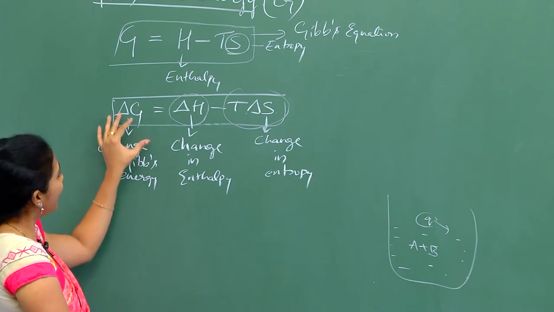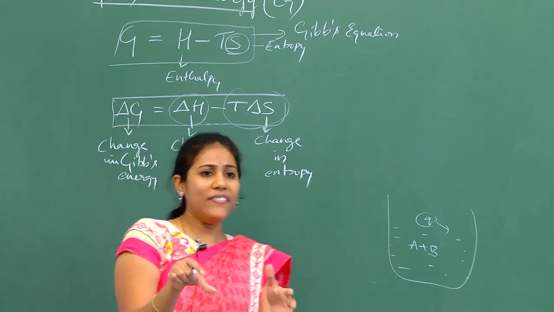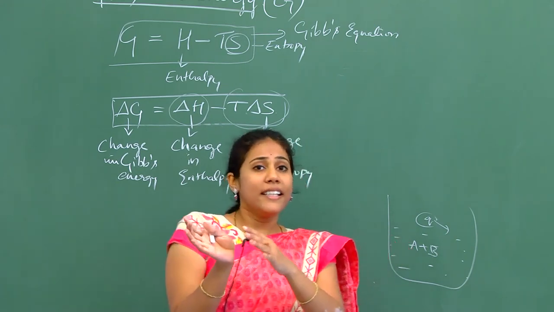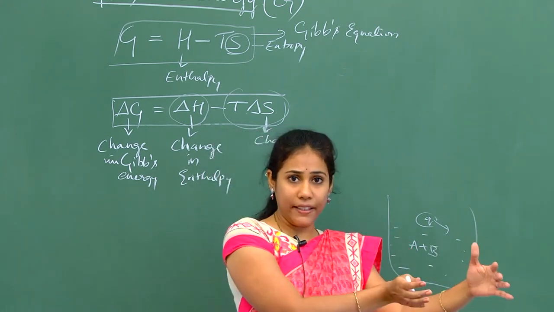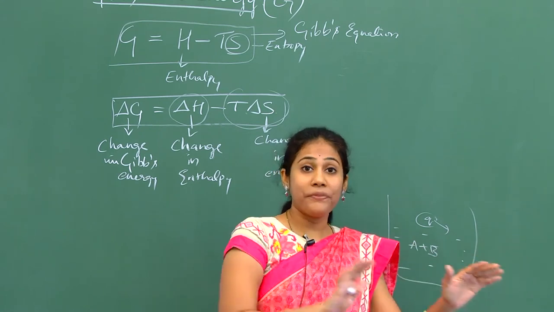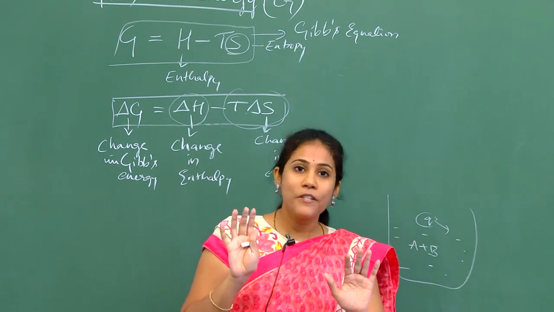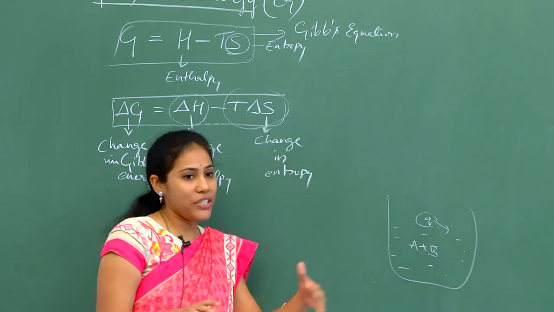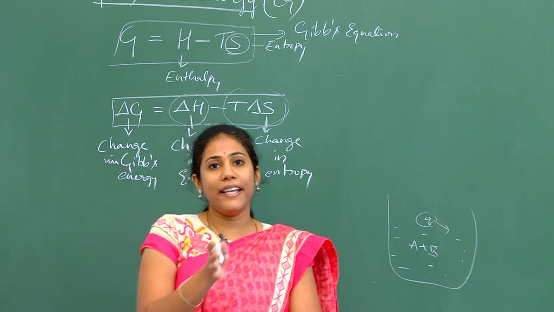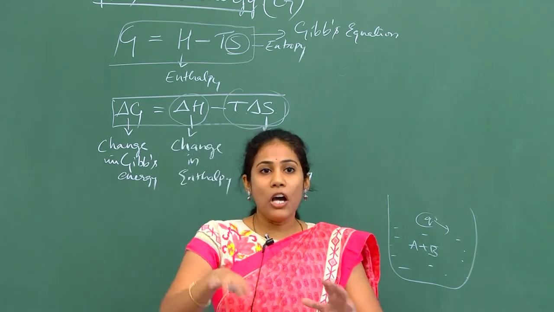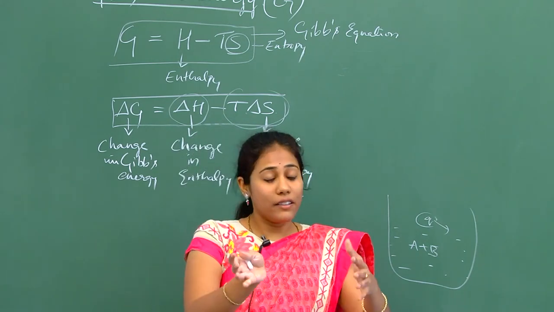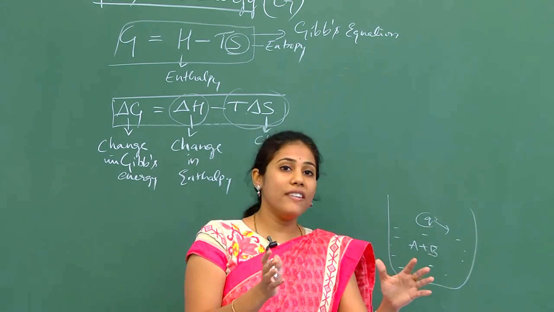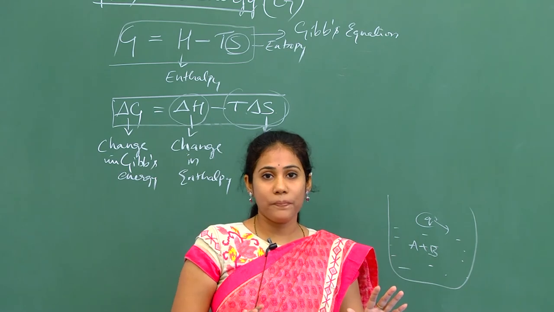So if that Gibbs free energy is very small, and with that lesser amount of energy the reaction proceeds to form products, then such reactions are spontaneous. Yes or no? So if the available energy is not sufficient, if you are providing some energy externally, say a lot of energy is required to form a product, then such reactions are always categorized as non-spontaneous, isn't it?